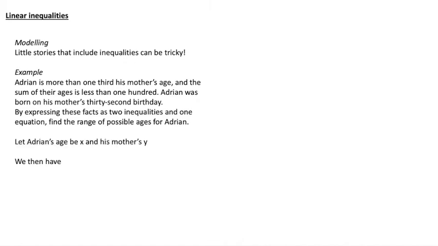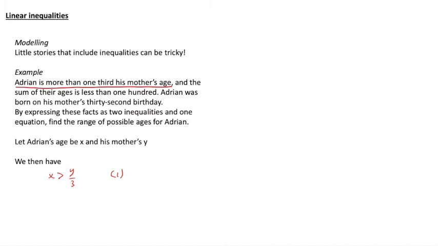Well, first of all, we're going to let Adrian's age be x and his mother's y. Nice familiar letters. And then we can sort our inequalities out. Adrian is more than 1/3 his mother's age, and that means x is greater than y over 3.